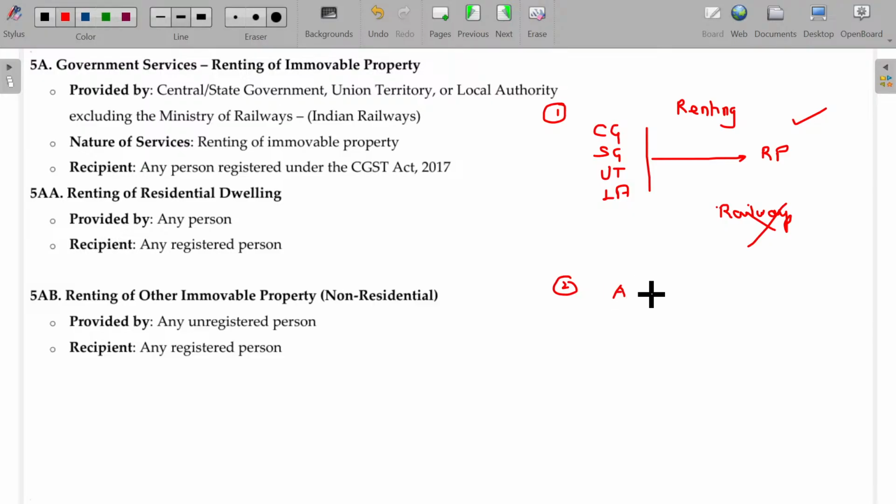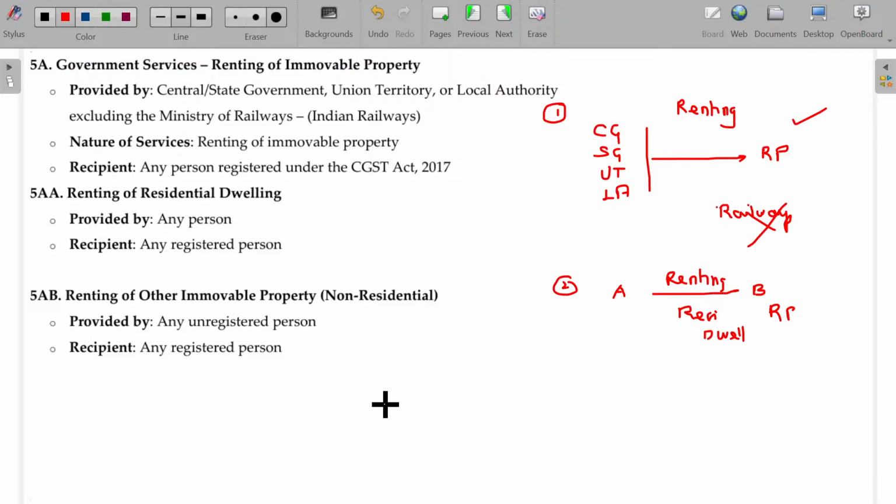Mr. A lets out the property to B, being the registered person, and what service? Renting of residential dwelling. Even if the house property is let out for residential purposes, if the recipient is a registered person, say you have a GST registration number and you are paying rent for a residential dwelling.